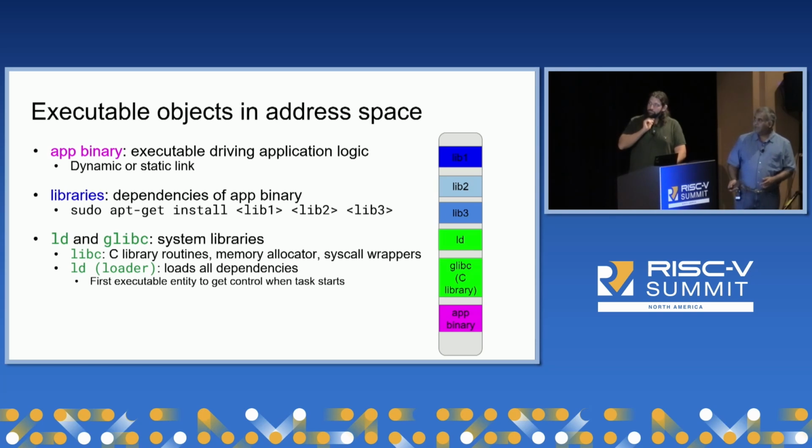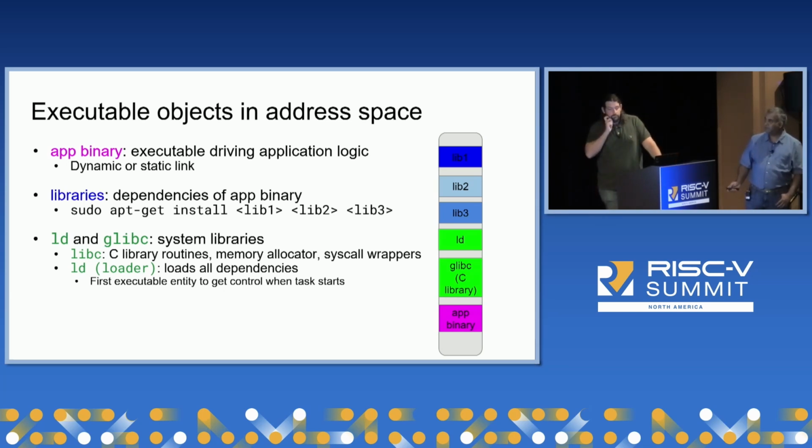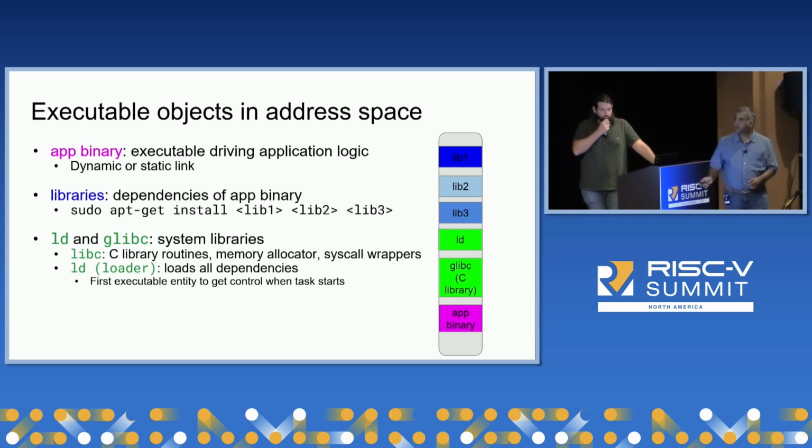When we talk about a program, we think of it as a monolith, but it's not really a monolith. There is a bunch of objects and binaries that make up a process. You might have the app binary, which is what you're familiar with, PS, LS, and so on. But behind the scenes, these app binaries depend on system libraries such as glibc, and they may also depend on other libraries, for instance, a math library or a pthreads library, and so on.